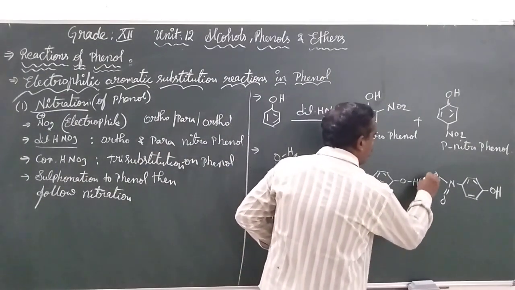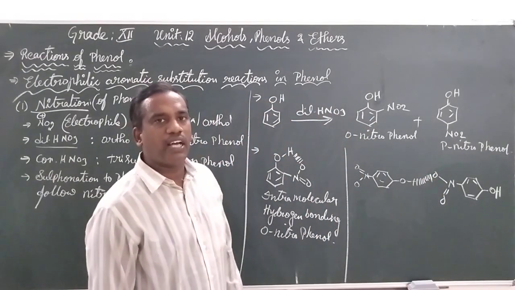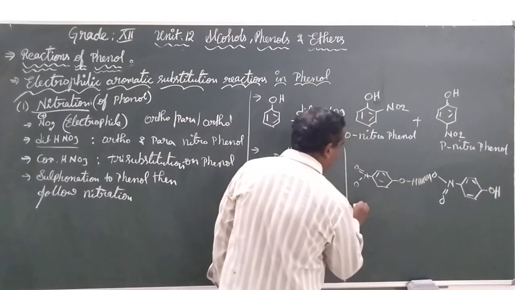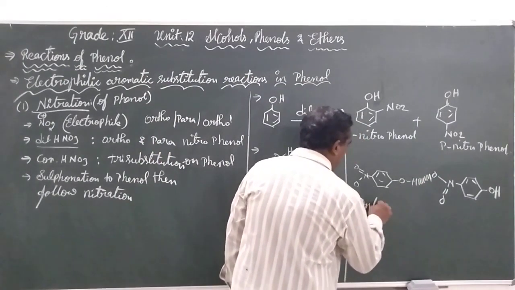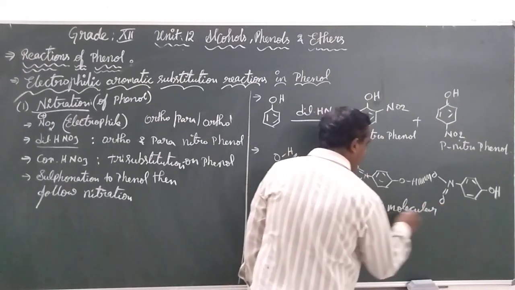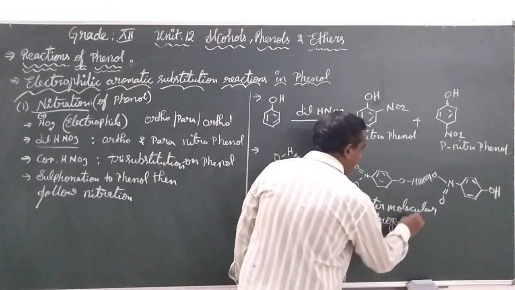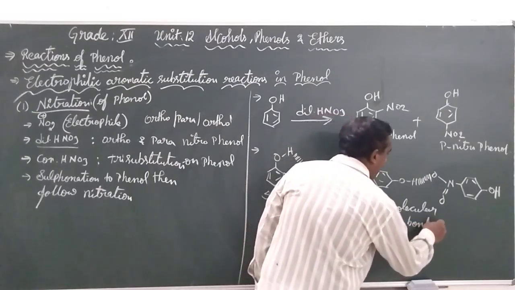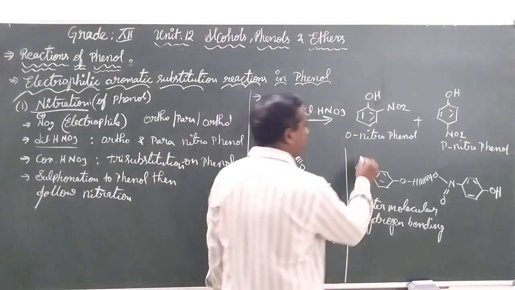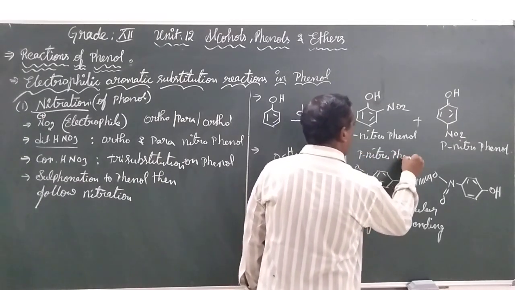Here the hydrogen of one molecule is attracted by the oxygen of another molecule. What type of hydrogen bonding do we find? We find intermolecular hydrogen bonding. In which case? In the case of p-nitrophenol.